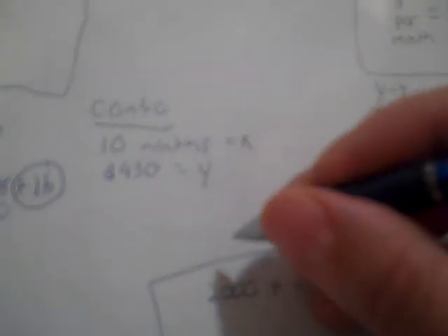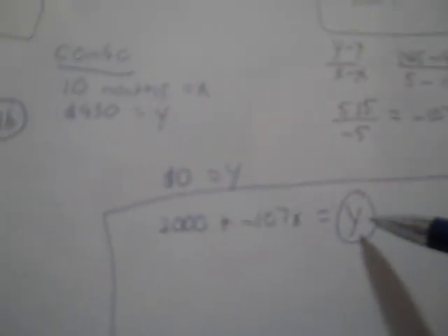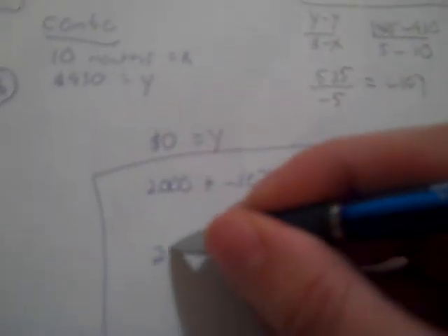So you want to know how many months it takes to get down to $0. The replacement value is always your last value you're given. So $0 goes in for y this time. So I'm going to circle y, and that's where I'm going to put the 0.